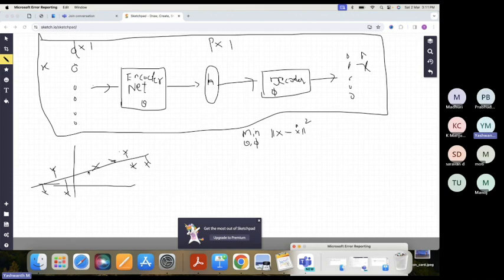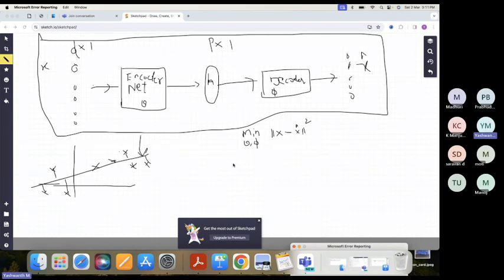So by maximizing the variance, you are able to find this line as the direction onto which to project. There is another interpretation of PCA, which is the reconstruction error.